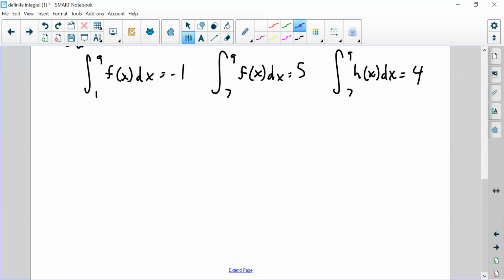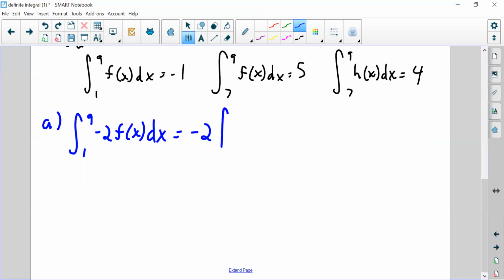So let's say I'm asked to find the integral from 1 to 9 of -2 f of x dx. So how can I do that? Okay, first off, before I can substitute in that -1, I have to get it exactly like this. So I can use my property where I factor out my constant, and that becomes my constant times the integral from 1 to 9 of f of x dx.